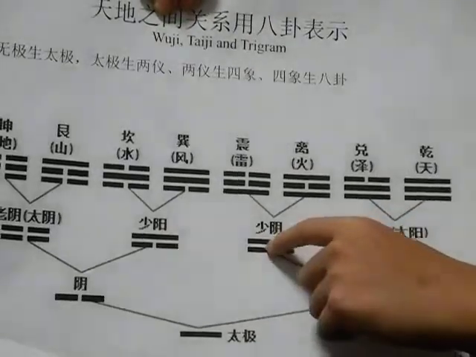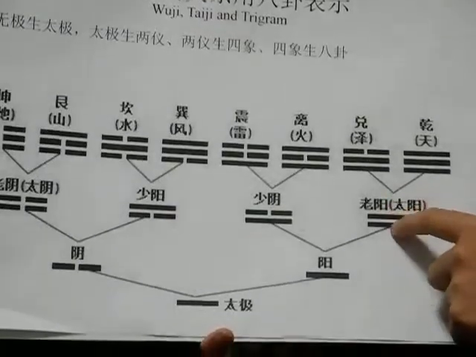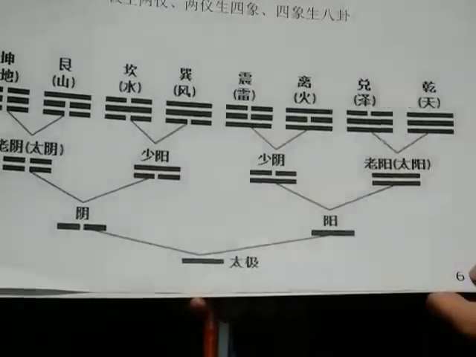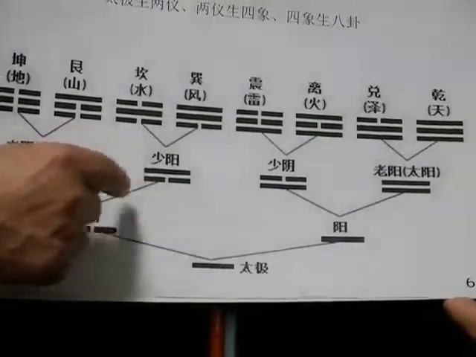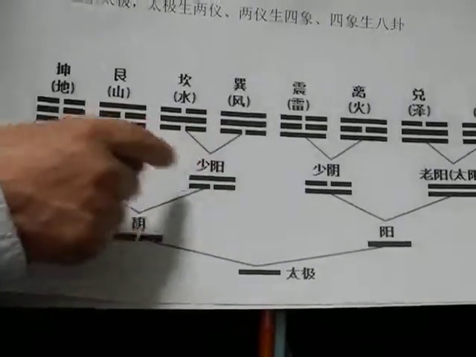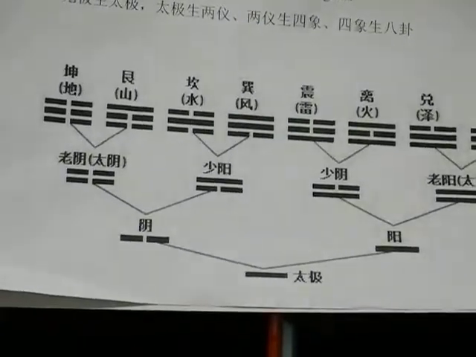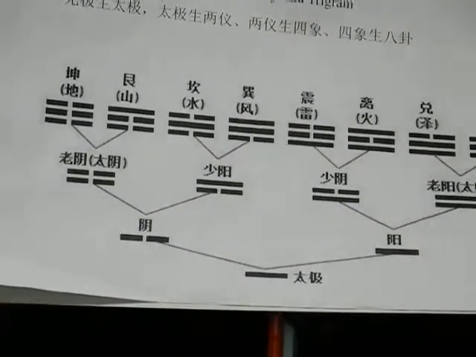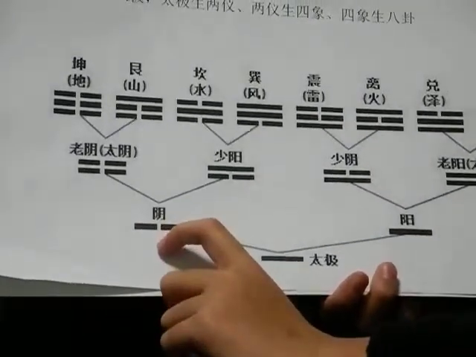So as you can see over here, it has one yin on top, one yang on the bottom, one yang on the top, one yang on the bottom. Over here, for the yin pole, it's the same thing.